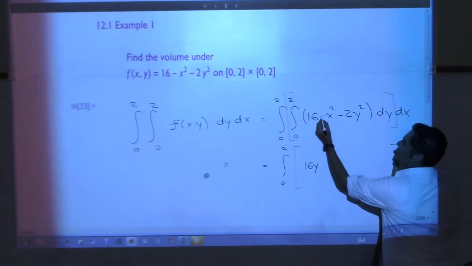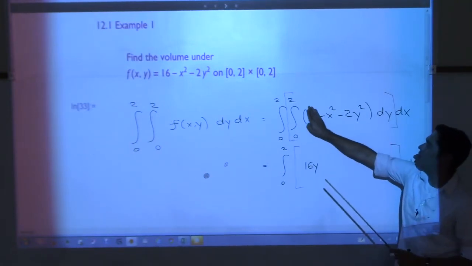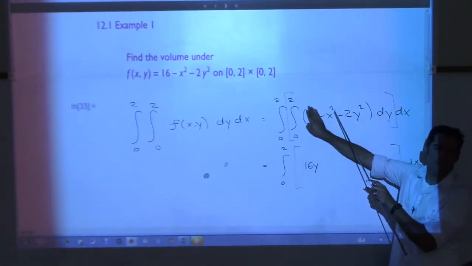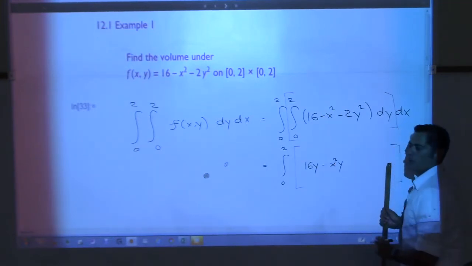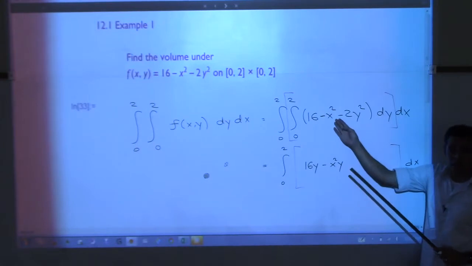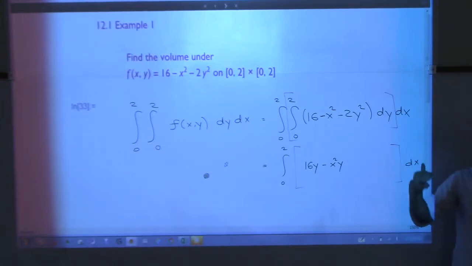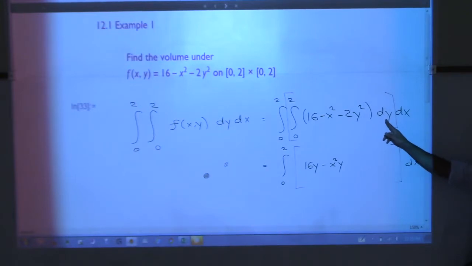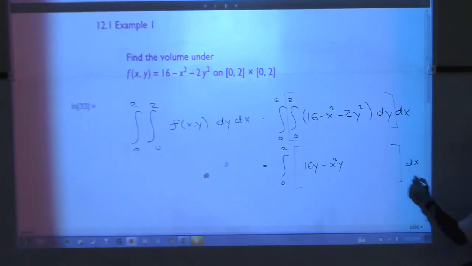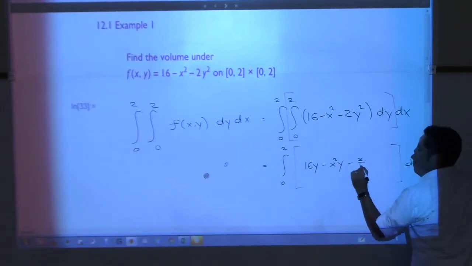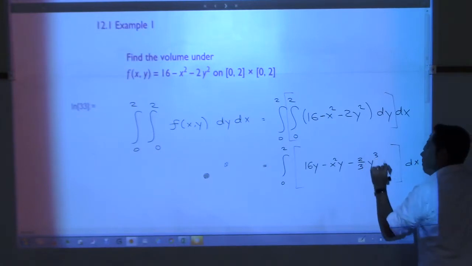What is the antiderivative of negative x squared? Negative x squared y. Good, because you're treating negative x squared like a constant. So the antiderivative of a constant is that constant times the variable. The variable here was y. Good? What is the antiderivative of negative 2y squared? Negative 2/3 y cubed. See, now that one you treat the variable like the variable.